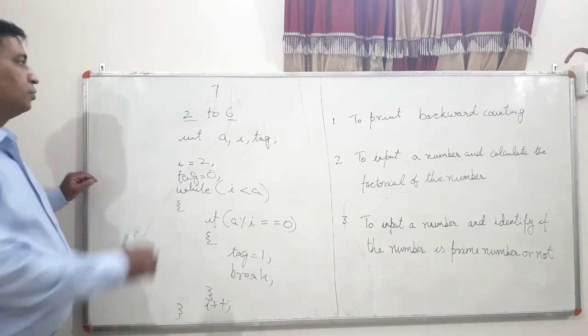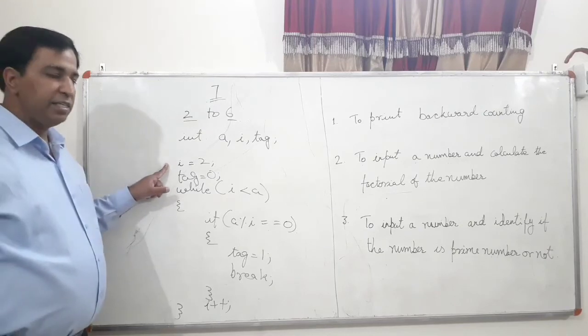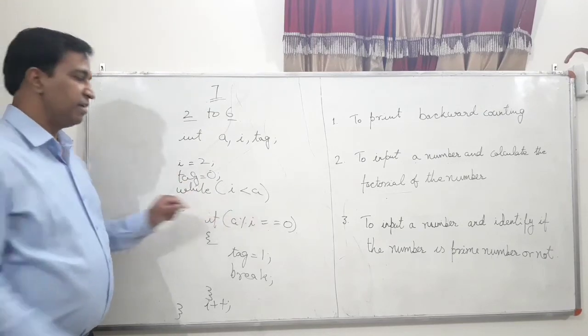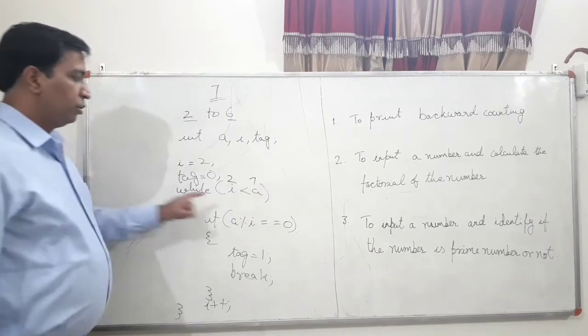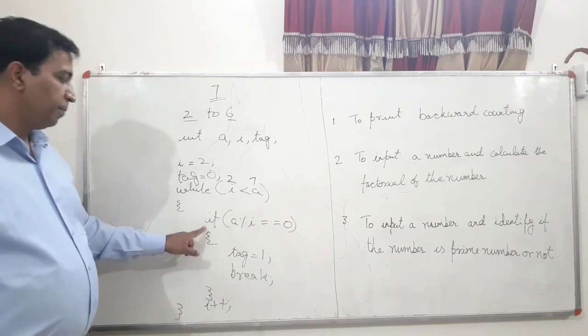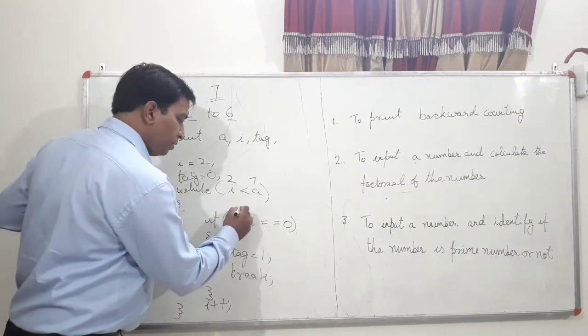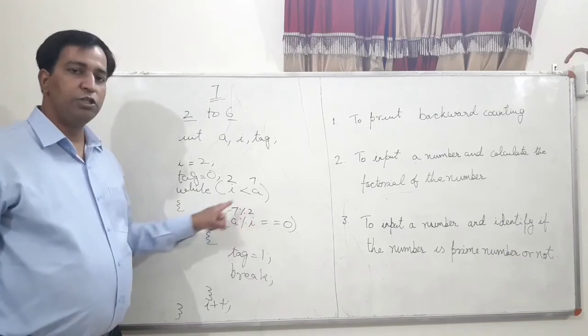Okay, now suppose for our example it is 7, then I is equal to 2, a is holding 7. I is holding 2, 2 is less than 7, loop will be executing. Now 7%2 will be checked, which is non-zero.